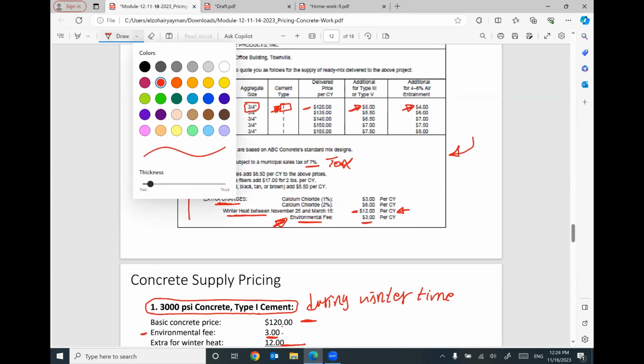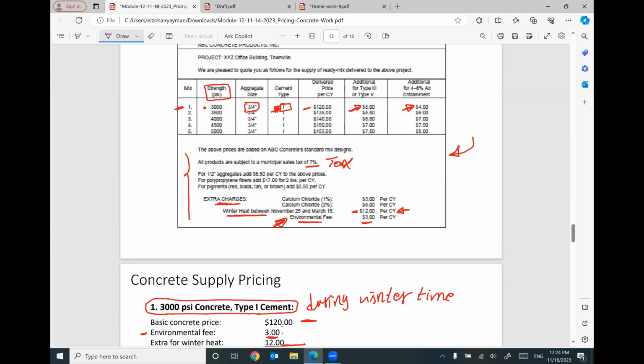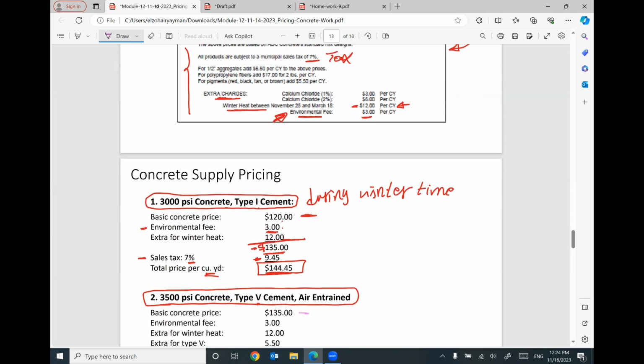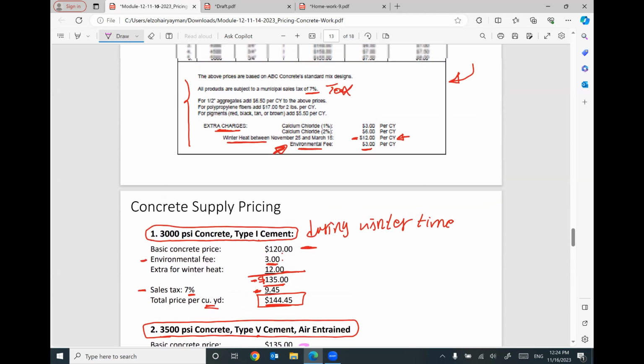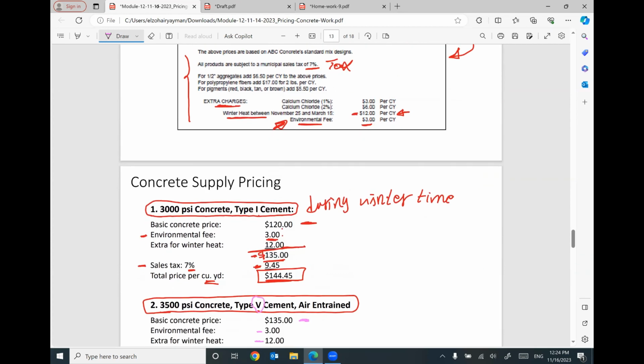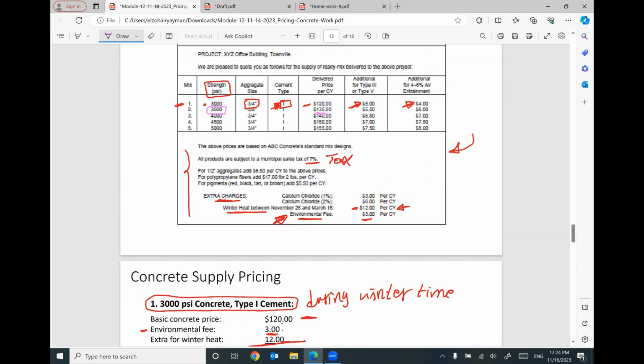To order concrete of 3,500, the basic cost will be $135. This is the basic cost. You need to add the environmental fee. This is mandatory. You need to add winter time handling, 12. You need to add, because we changed the type of cement. The typical type is number 1, but we are going to use number 5. So the extra cost for this concrete mix will be $5.5.